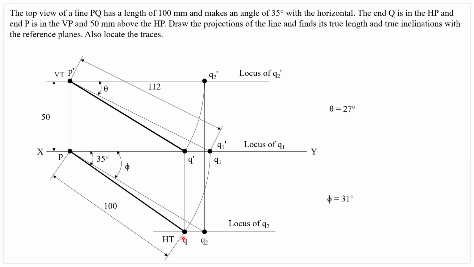And similarly, P dash also represents vertical trace because this is the location where the line meets the vertical plane. So the horizontal trace and vertical traces are located.